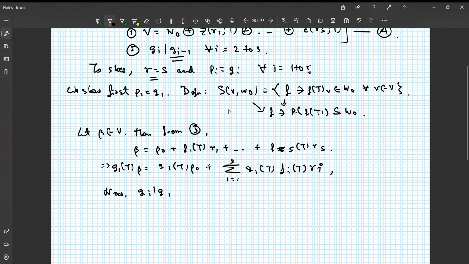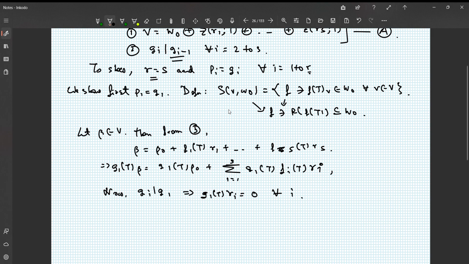Now gi divides g1, right? Because gi divides gi minus 1 for all i from 2 to s. So gi will clearly divide g1. Gi is the T-annihilator of gamma i. So g1 will also be the T-annihilator of gamma i.